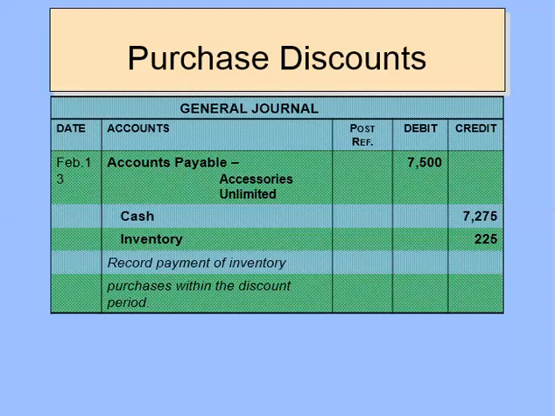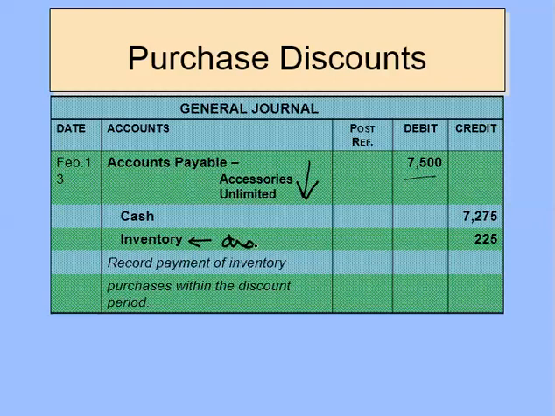So if we do get to take a purchase discount, what that's going to look like is we're not going to pay the entire, say, $7,500 that we owe in this case. And I know it's $7,500 because here's the amount that we debit to accounts payable, and that reduces my liability, accounts payable, so I'm paying it off. I'm not going to pay the entire $7,500 because I get to take a discount.